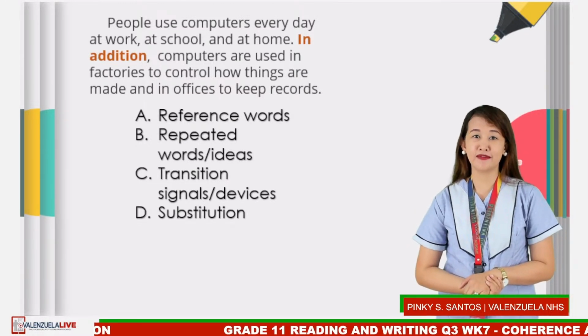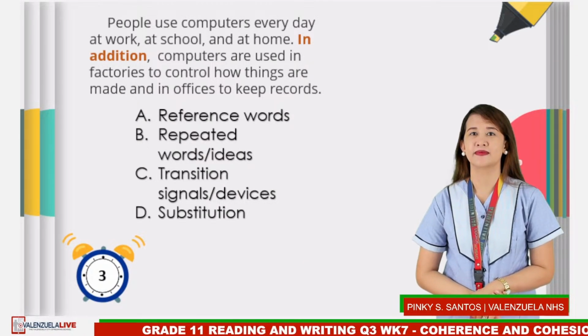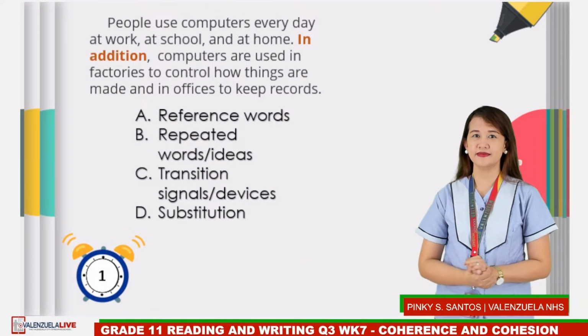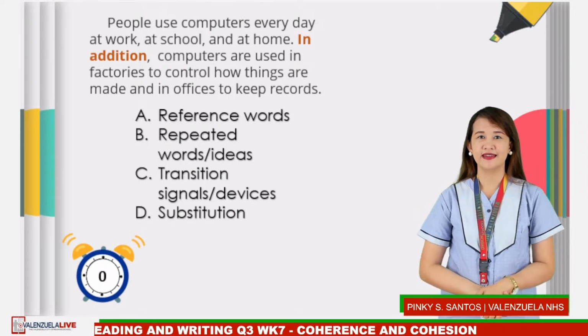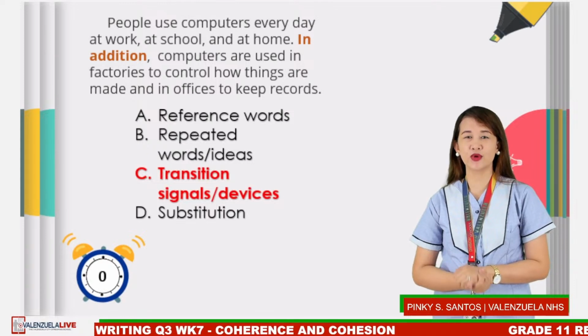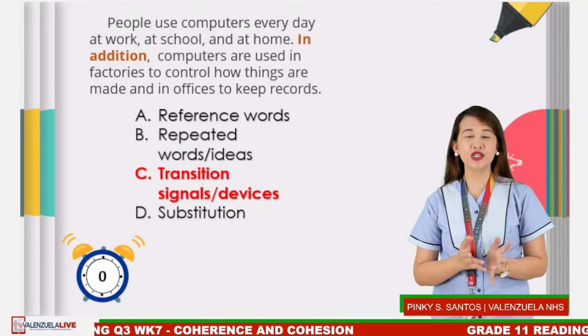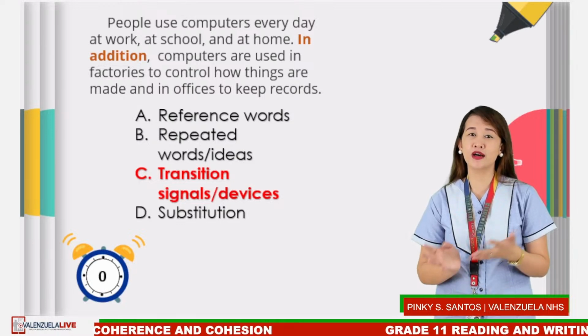I'm giving you again 5 seconds to do it. Correct. The answer is C, transition signals or devices. In addition is used if there is an addition to a previous statement.